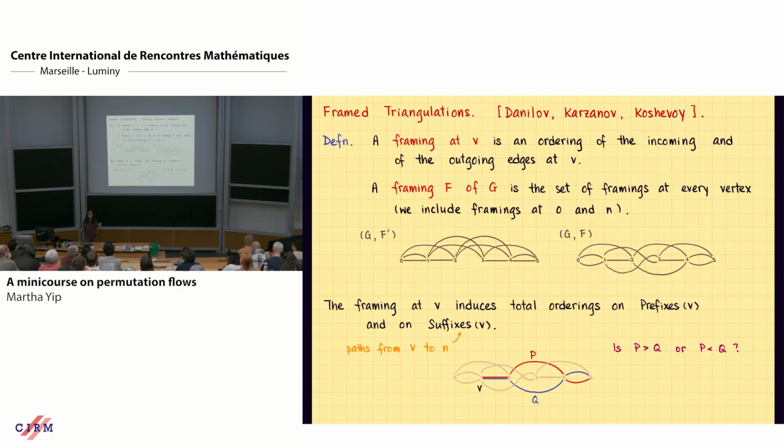I'm going to take a convention that's slightly different. For those who are used to DKK framings, I'm going to include the framing at the source and the sink. It's just a little technicality, but it makes everything a little bit better defined for us.